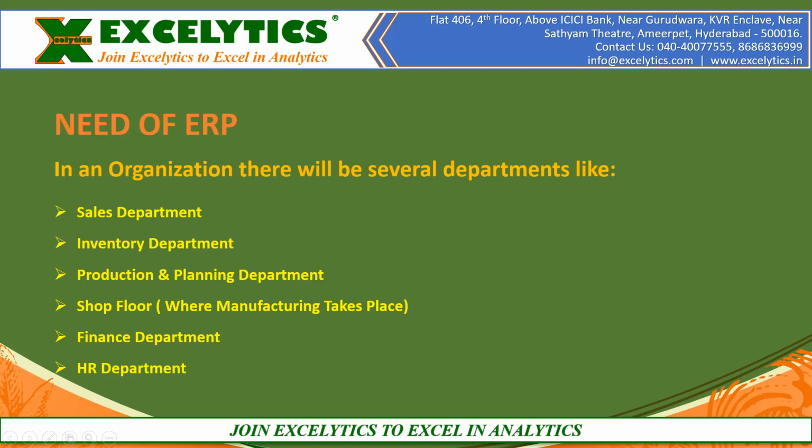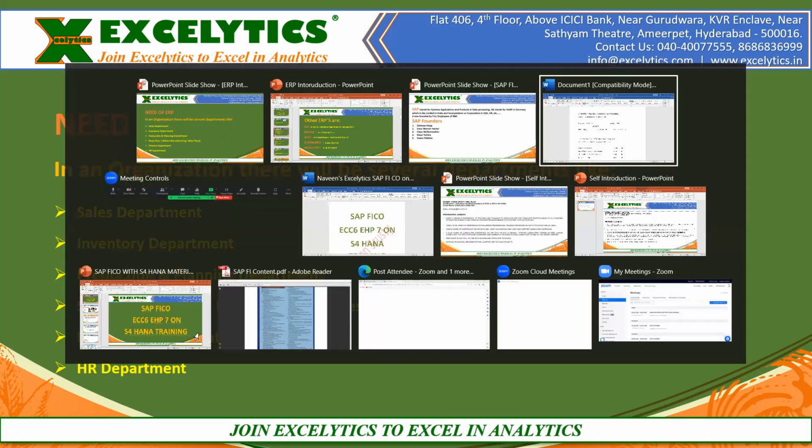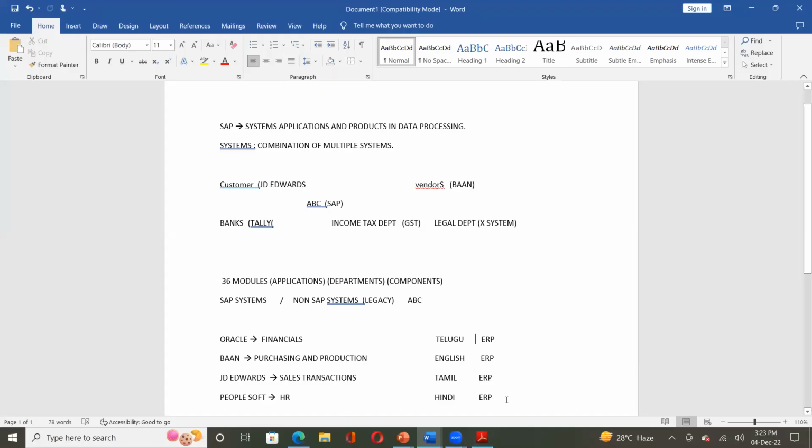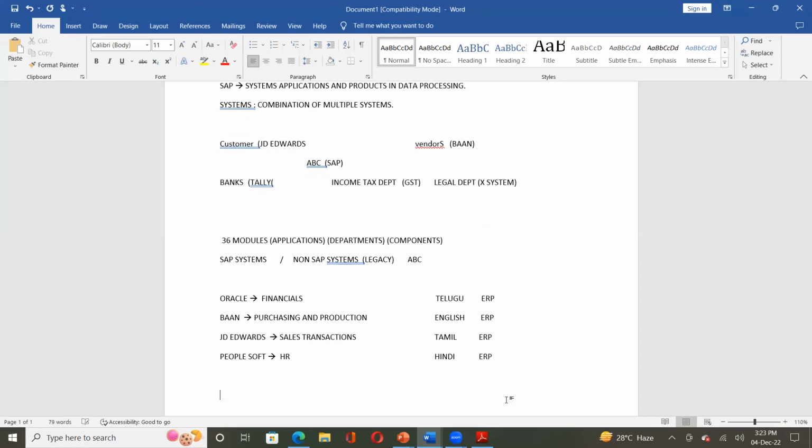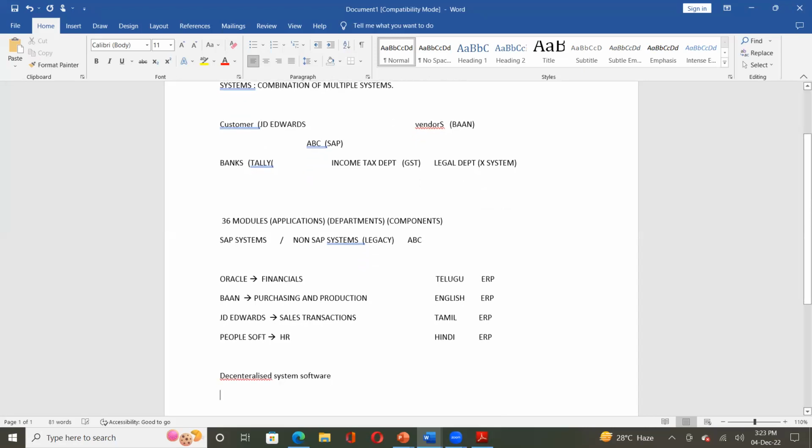And in my organization, there are 2 types of software we can use. What are those? The software is broadly classified into 2 different types: decentralized system software and centralized system software.